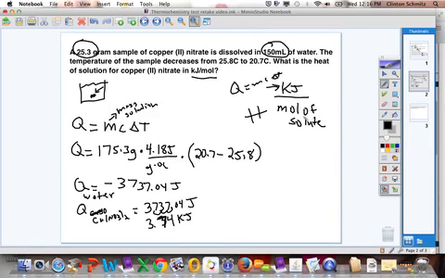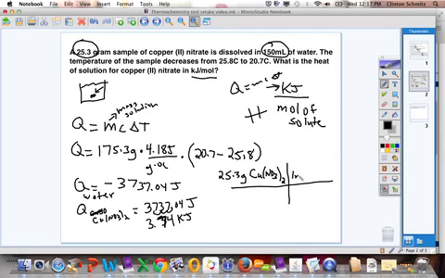Now we need to get the moles of the solute. To get the moles of solute, we take the 25.3 grams of copper(II) nitrate. Cu is 2 plus, nitrate is 1 minus, so it's Cu(NO3)2. We change that to moles using a picket fence.